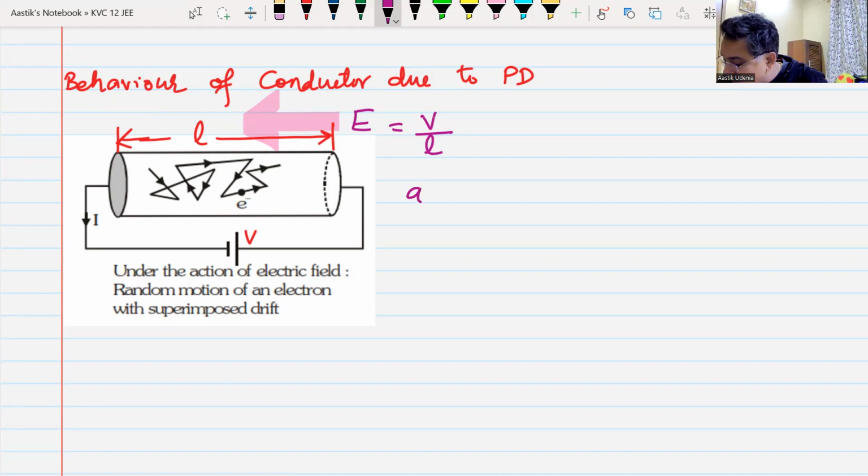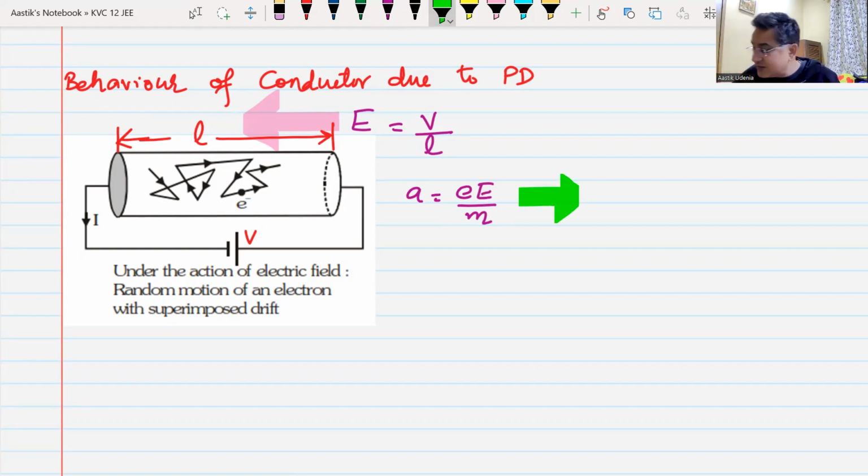So the acceleration of the electrons, opposite to the direction of electric field, will be equal to small e into capital E by m, where small e is the charge of the electron. Are we able to understand this? Understood, sir.